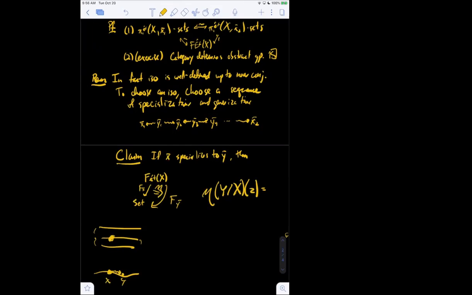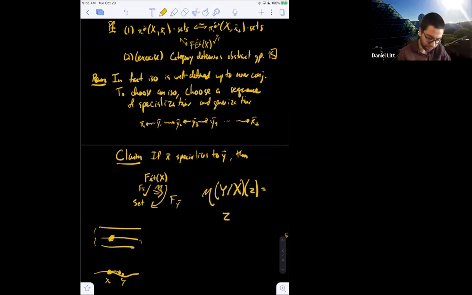Yes, we specialize. Yeah, exactly. So you take the closure of z and then intersect with the fiber over y. And that's a geometric point. Is that clear, what this means?